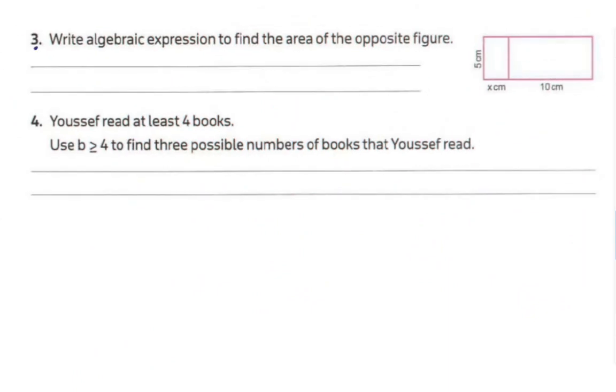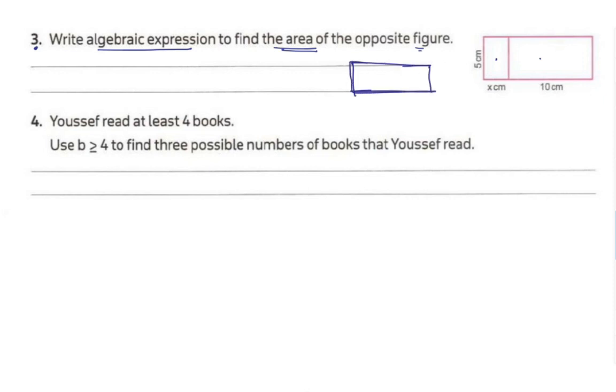Question 3. Write an algebraic expression to find the area of the opposite figure. We need to find the area of this figure. So, what is this figure? This figure is 2 rectangles beside each other. Consider it as one rectangle.